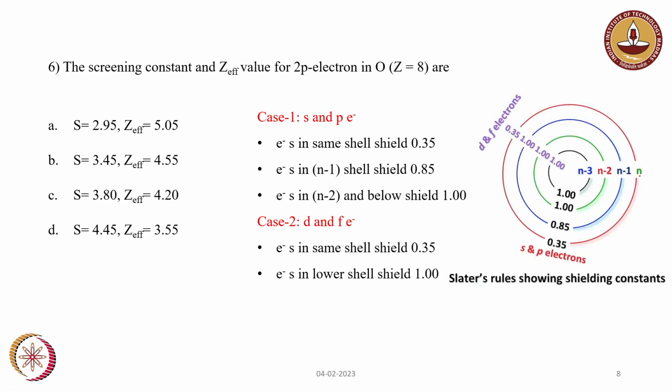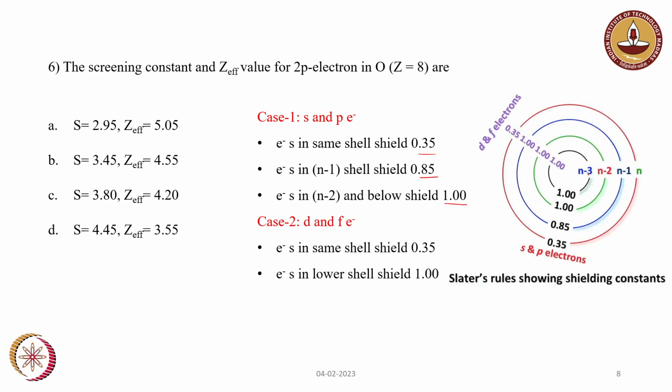The next one, the inner shell having n minus 1, will shield 0.85, which is higher than 0.35, and then n minus 2, the next inner shell, will shield 1.